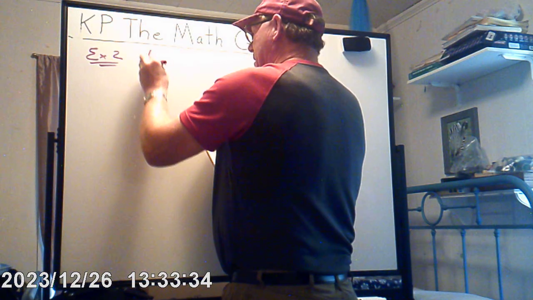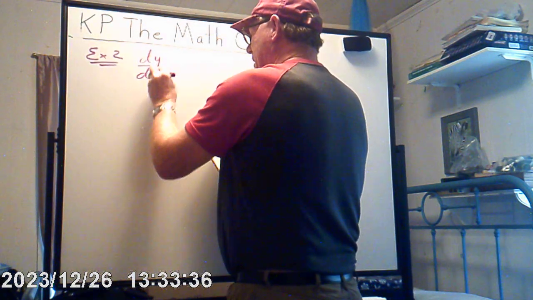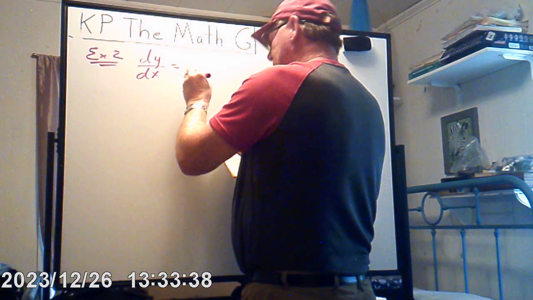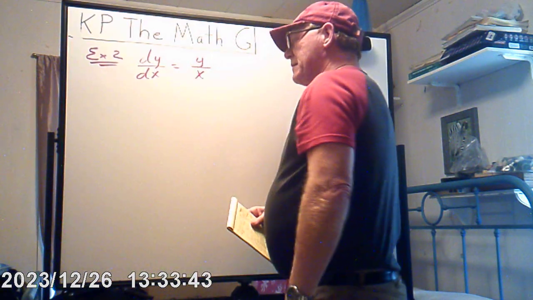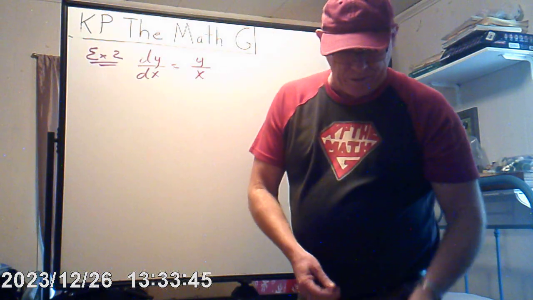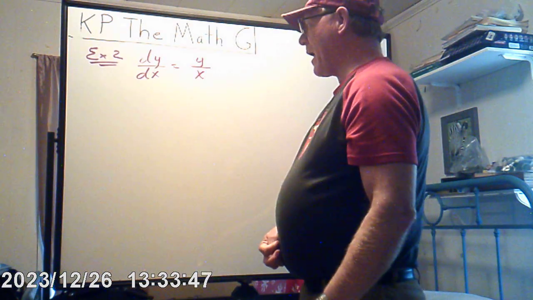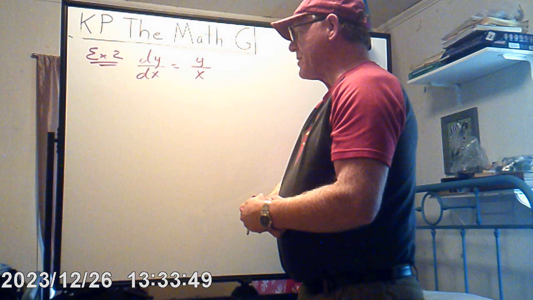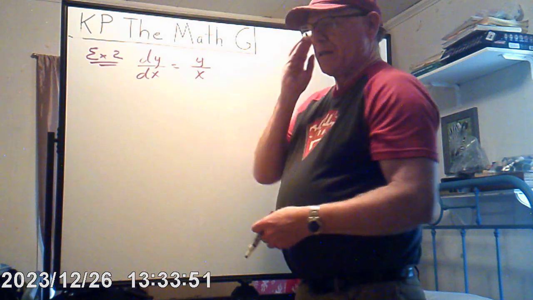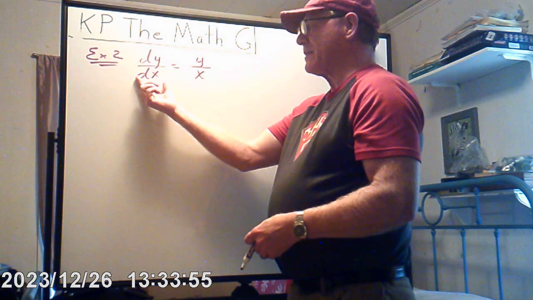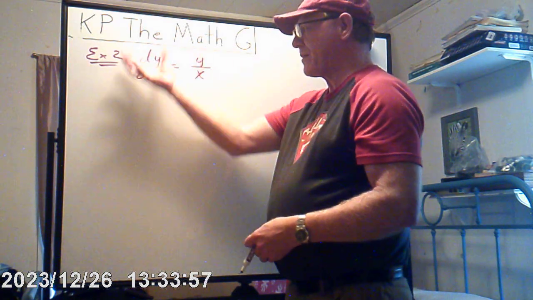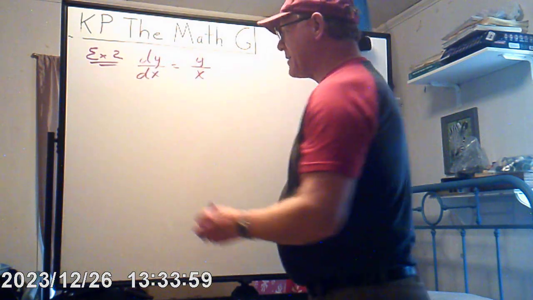dy over dx is equal to y over x. Now, how did we do this last time? Well, the first thing we did was we got rid of the dx over here. This is easy because this is already isolated like this.